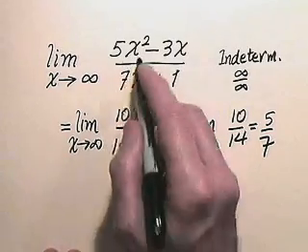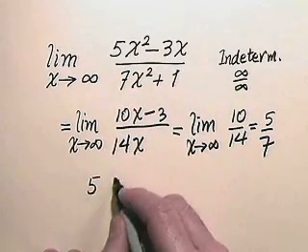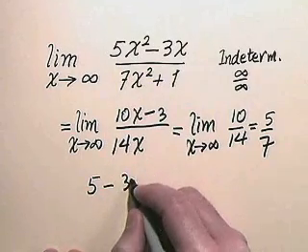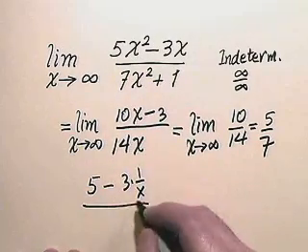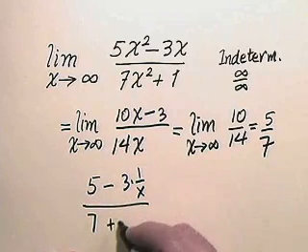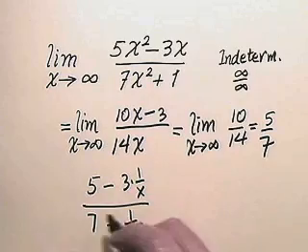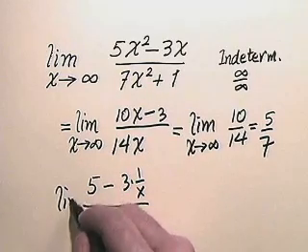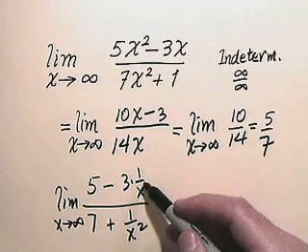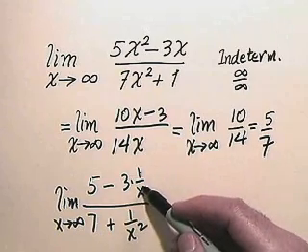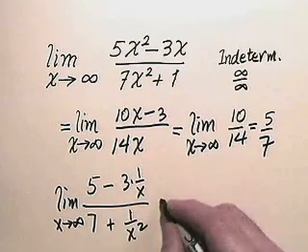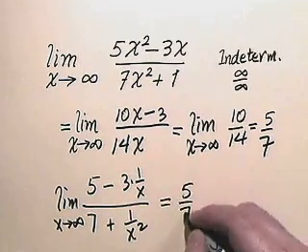So we would have 5x squared over x squared is simply 5, minus 3x over x squared is 3 times 1 over x, divided by 7x squared over x squared is 7, plus 1 over x squared. And there we want to take the limit as x goes to infinity in this expression. Well, now as x goes to infinity, 1 over x goes to 0. This goes to 0, so all of that's wiped out, and we're just left with 5/7.